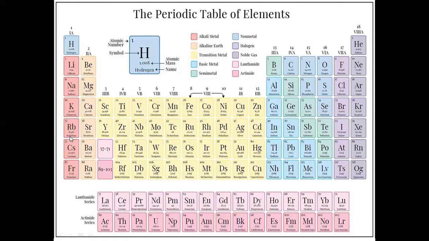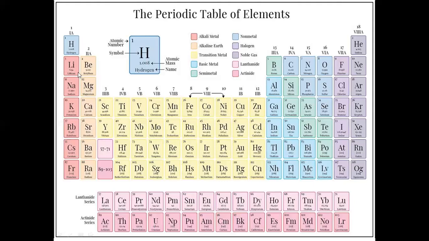One, right? In the second period, two. Third period, three. Fourth period, four. Fifth period, five. The number of periods is equal to the number of shells, right? Number of periods is equal to number of shells.